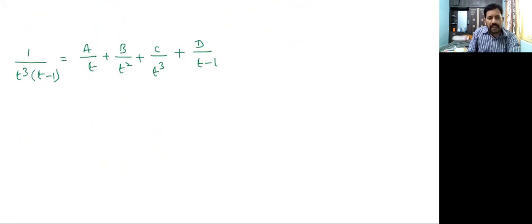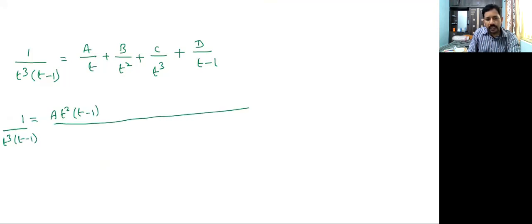Now left hand side and right hand side. On the right hand side take the LCM, the denominators are going to cancel. I am just writing the numerator. So here you will get A t^2 (t − 1). If you have not understood, write the denominators t^3 (t − 1). This is the left hand side value.